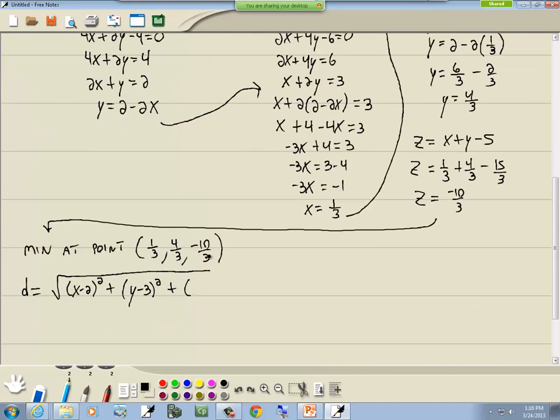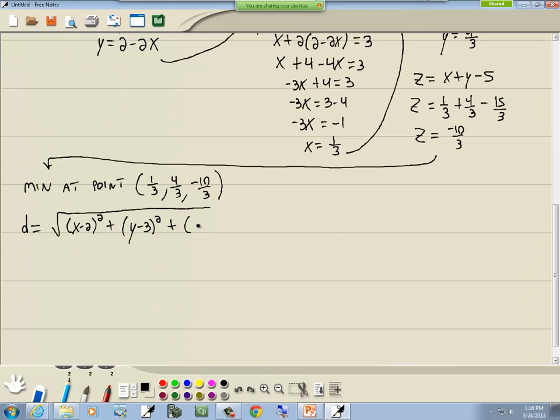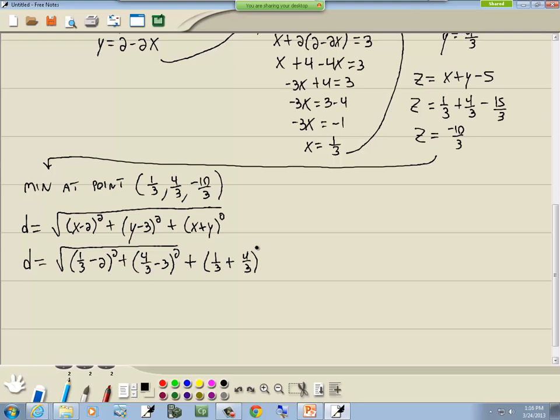X plus y squared. Okay, so x we said was 1/3, so we got 1/3 minus 2 squared plus y, which is 4/3 minus 3 squared, plus 1/3 plus 4/3 squared.